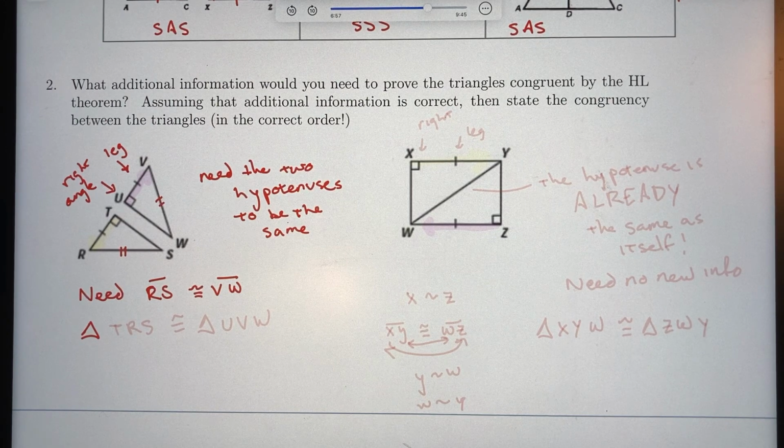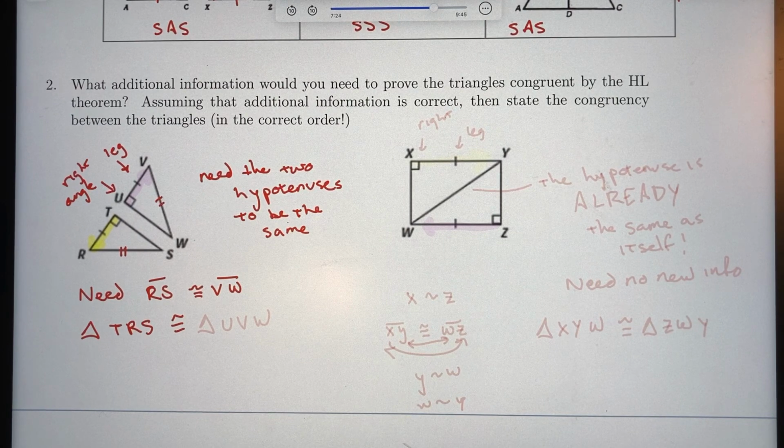Let's see. TRS. Notice that traces out from the right angle to the first marked line. So if I'm going to do it, I need to do it in the proper order, and it is important for the triangles. Line segments don't really care which direction they go, but the triangles have to match up so that you can mash up the pieces parts.